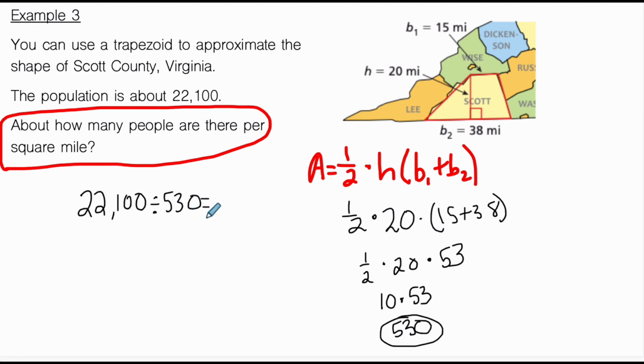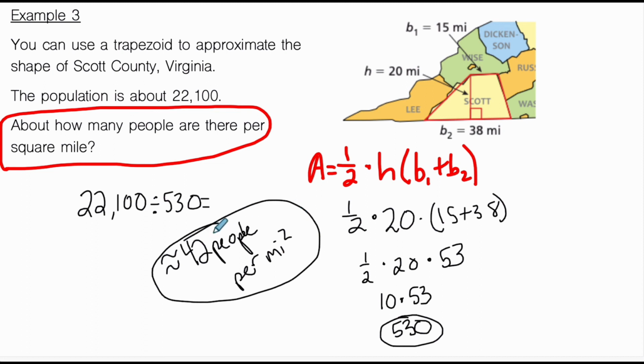If you were to use a calculator or sit there and do long division, 22,100 divided by 530 is about 42 people, give or take a little rounding. So I'm going to say this little symbol, squiggly equal sign, means about 42 people per square mile.